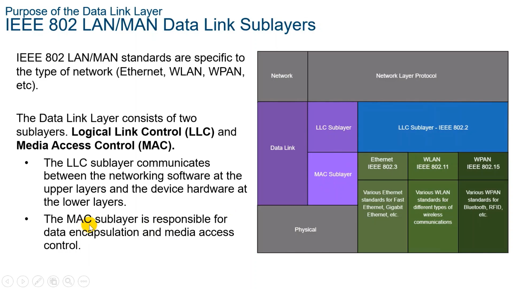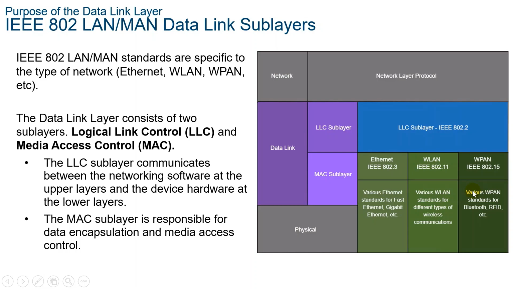The next one is the media access control. This sublayer is implemented in hardware, under 802.3, 802.11 or 802.15. It is responsible for data encapsulation and media access control. It provides data link layer addressing, and it is integrated with various physical layer technologies: Ethernet 802.3, 802.11 which is wireless, and WPAN which is 802.15.